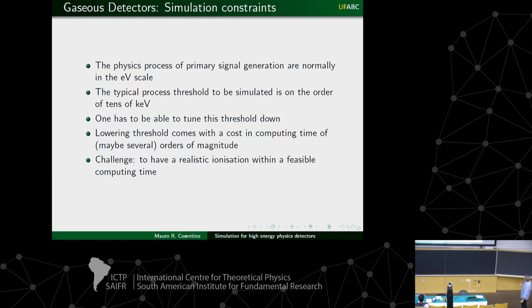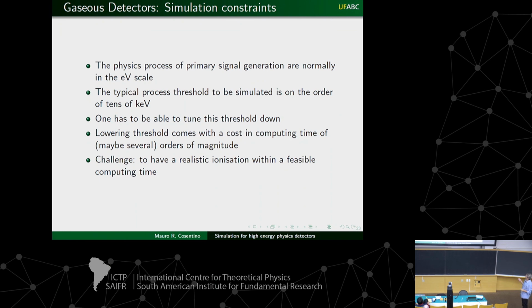Okay, so the physics and the simulation constraints. Once you know how the gaseous detectors work, you have to remember how the simulations work. You have the problem of generating the primary signal in a gaseous detector. When a charged particle goes through and ionizes the gas and makes the first electron that will be multiplied, that will make the avalanche, it happens on an eV scale.